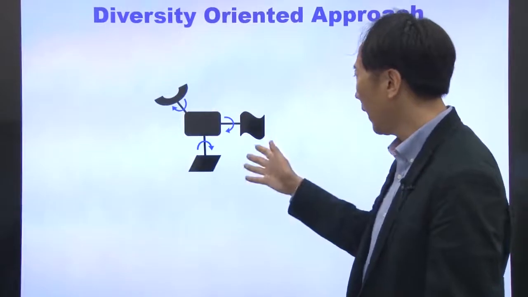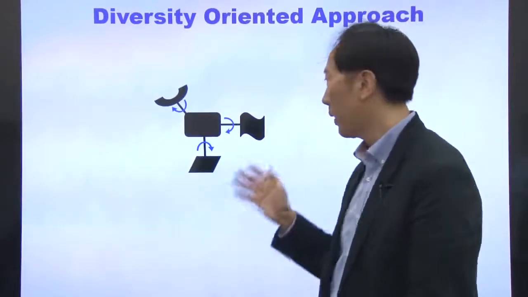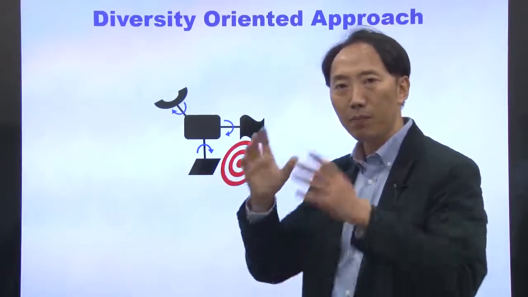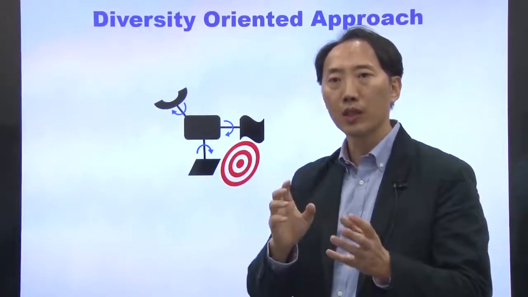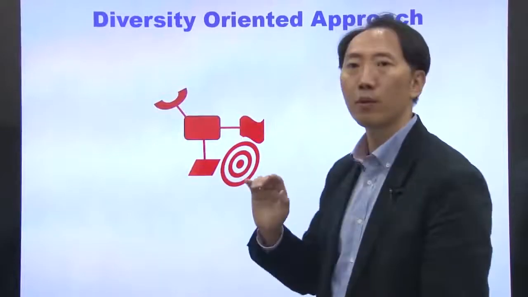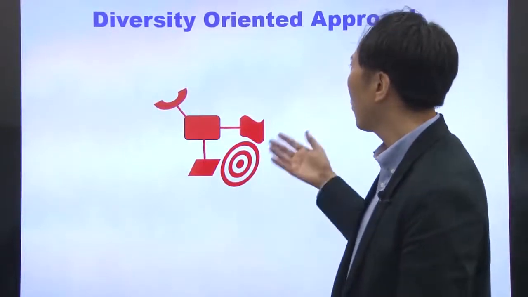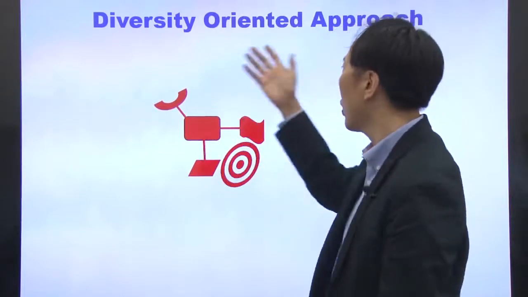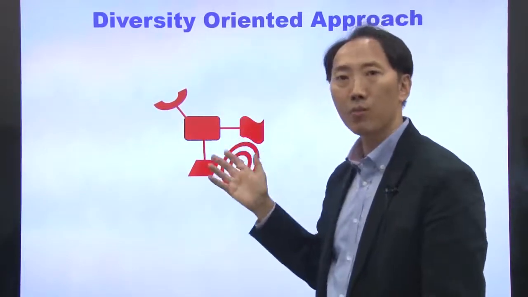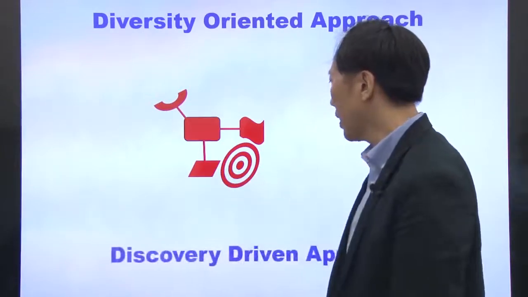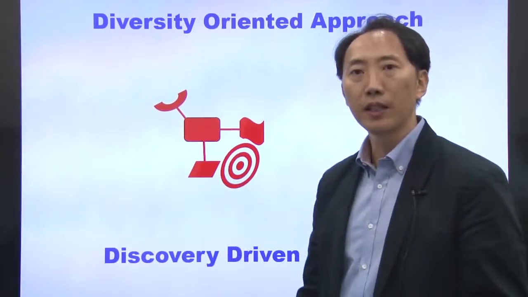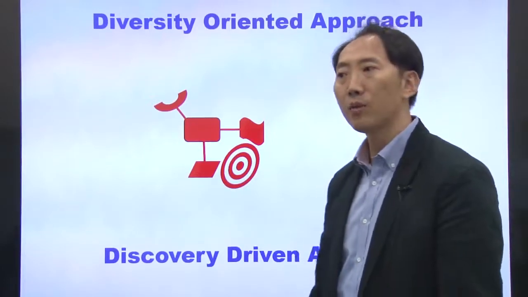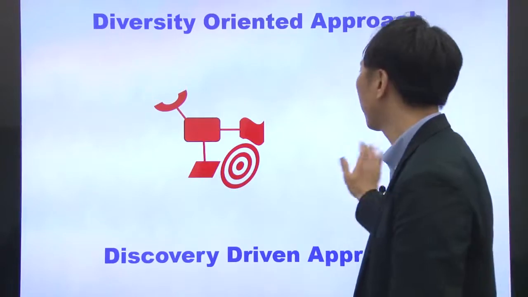That's why in the beginning this molecule is not fluorescent, but only after it binds to the target protein, its structure becomes rigid, and the molecule has a much better chance to be fluorescent. So using this approach, even if you do not know your target, you still have a chance to find proper probe molecules. As this is based on discovery, it can also be called a discovery-driven approach.